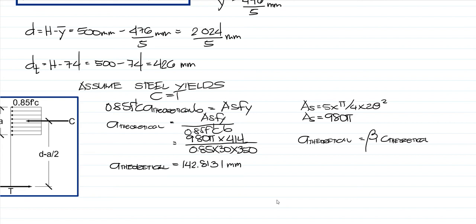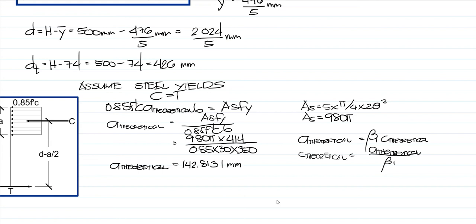And arranging the terms, we can have C theoretical is equal to A theoretical over our beta 1. So, syempre, hanapin muna natin si beta 1.